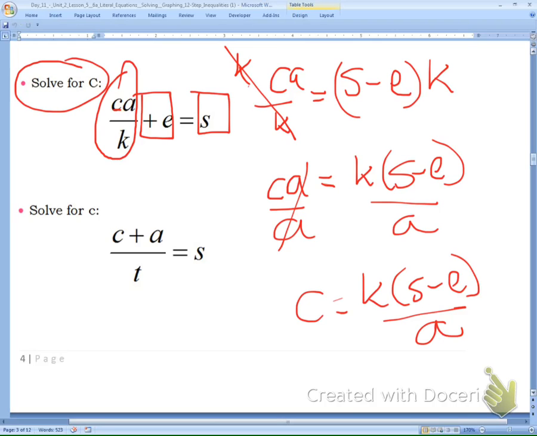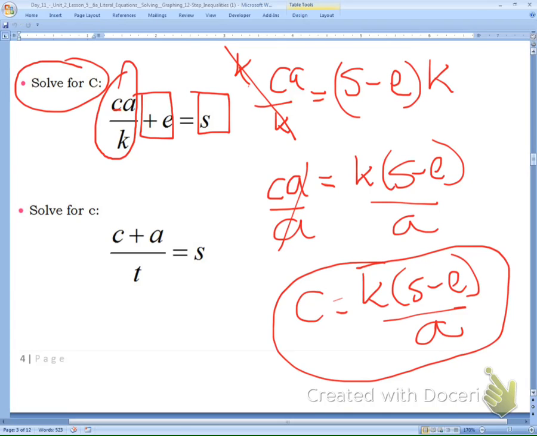See, I did it too. The question said to solve for C. So I was accidentally dividing both sides by C before, and that would have gotten my A all by itself. But the question asked to solve for C. So yes, this is actually the correct answer. I made the mistake before. I divided by the wrong variable. See, it's so common, even I made the mistake.